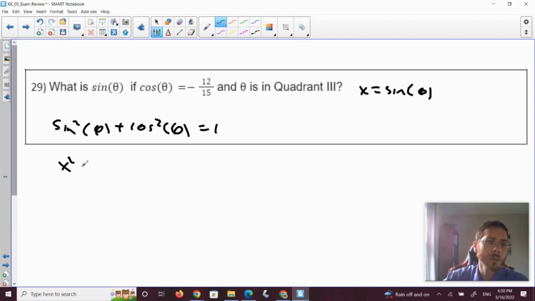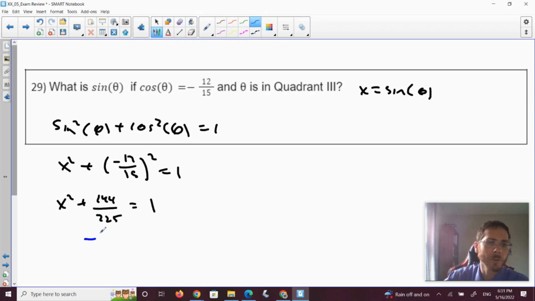So we have x squared plus negative 12 over 15 squared equals 1. So x squared plus 144 over 225 equals 1. Subtract 144 over 225 from both sides.